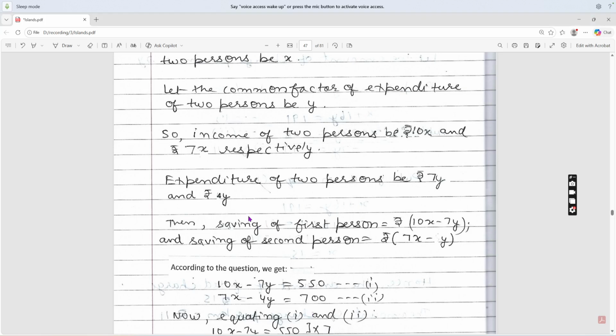I made a mistake here which is rectified: it is actually 4y. Now we can see the saving of the first person is equal to income minus expenditure.